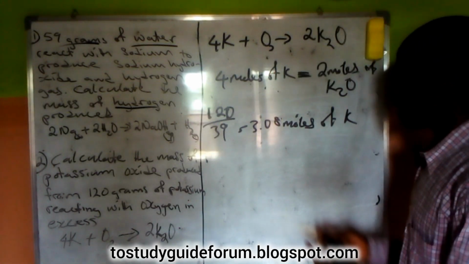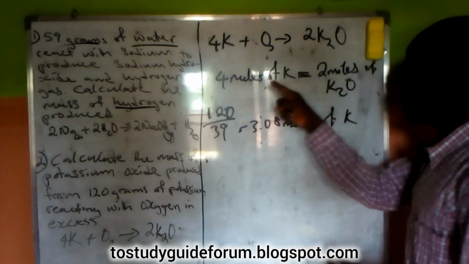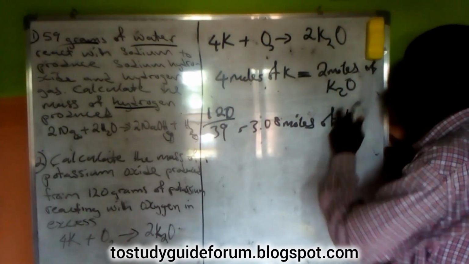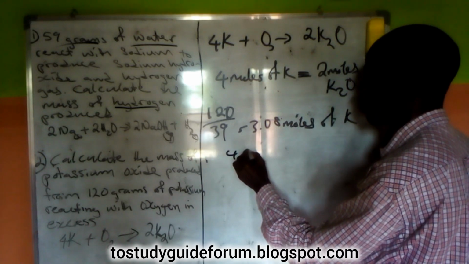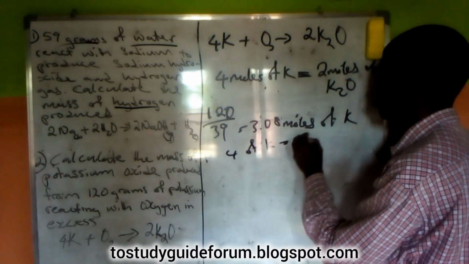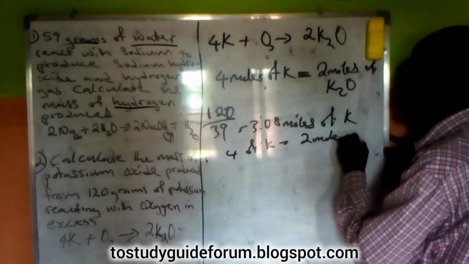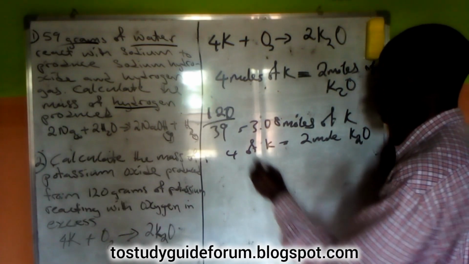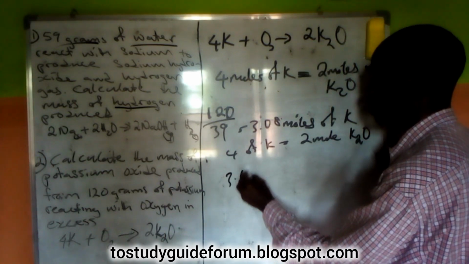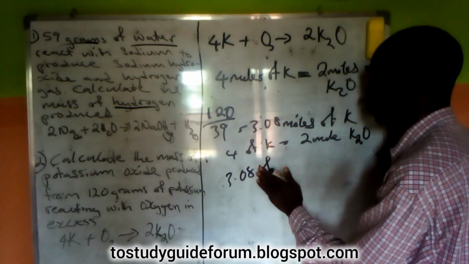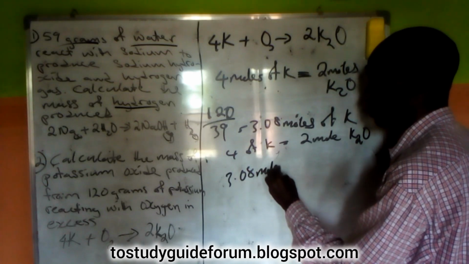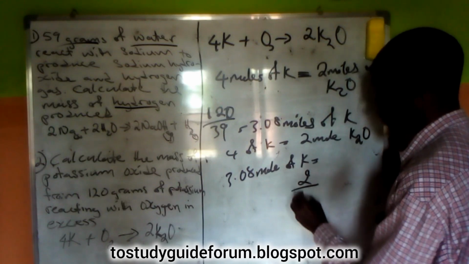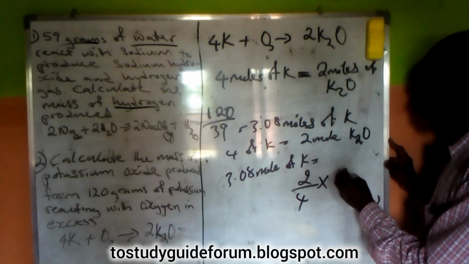So then we can relate it effectively based on what we are given. Since we know that 4 moles of potassium will give us 2 moles of potassium oxide, what we do now is this: 3.08 moles of potassium will be equal to 2 over 4 times 3.08.